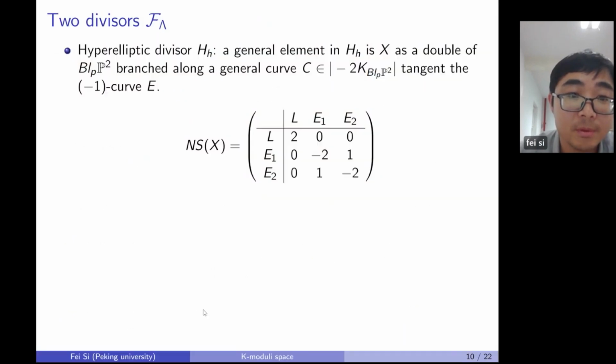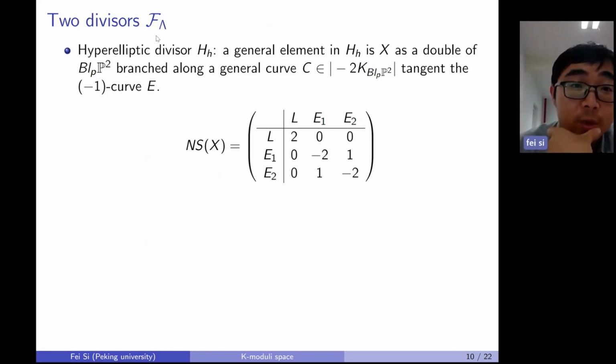Okay, before I introduce our results, we need to introduce two divisors on the locally symmetric varieties. These two divisors have arithmetic origin, but in these concrete examples, you will see that they come from degenerations of our surface.